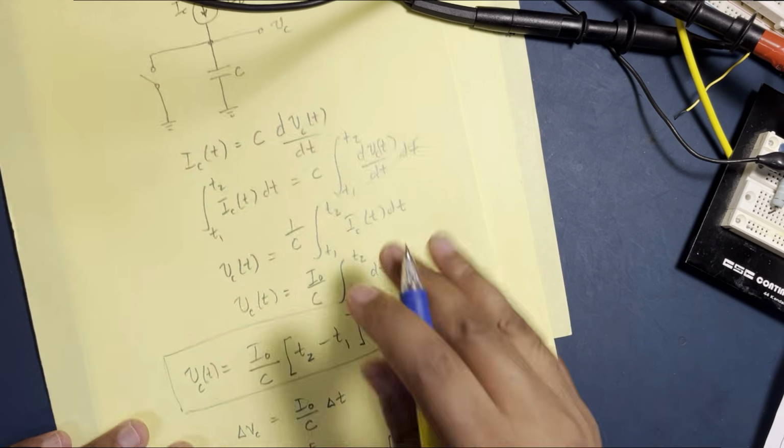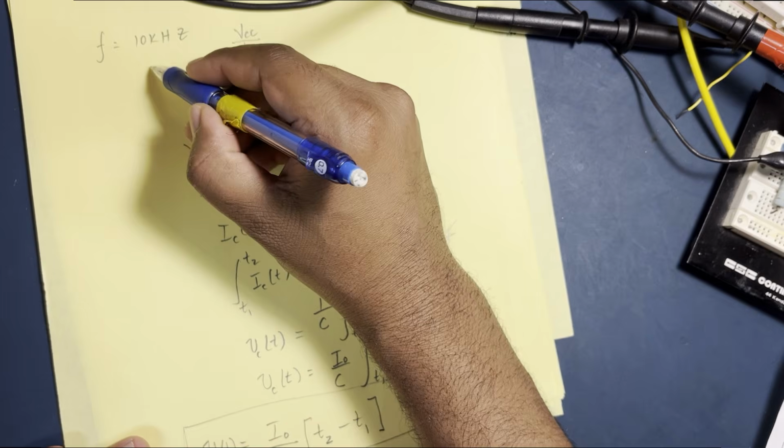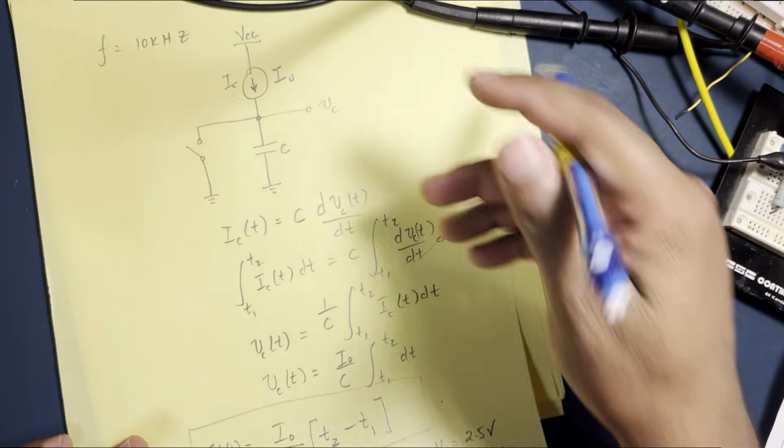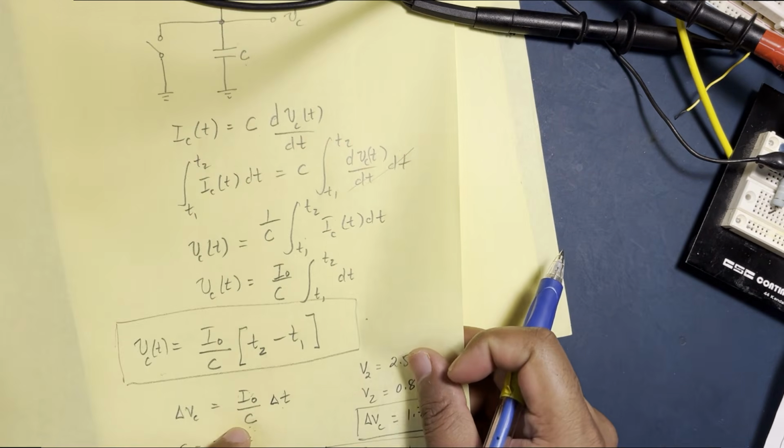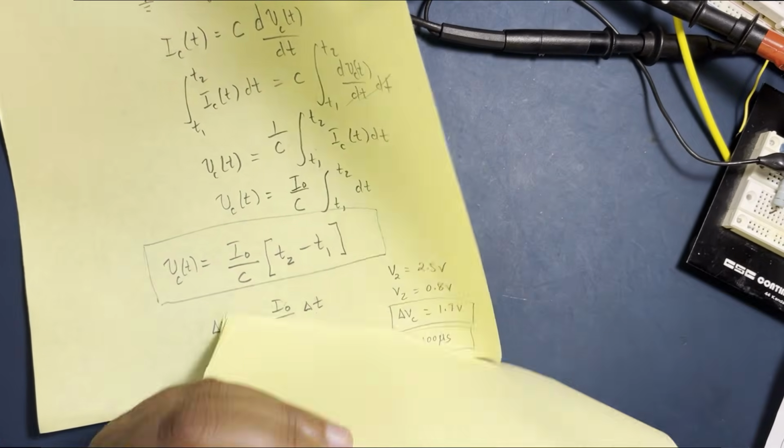So now what current do we need in order to get 10 kilohertz? That's the question. This is again a simple linear equation, so we're going to solve for I naught.